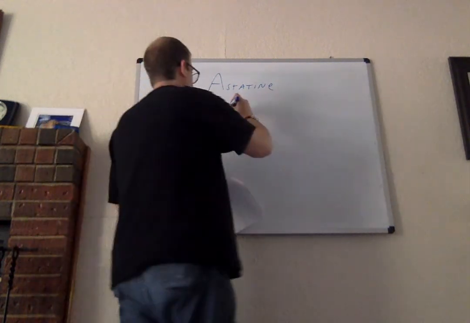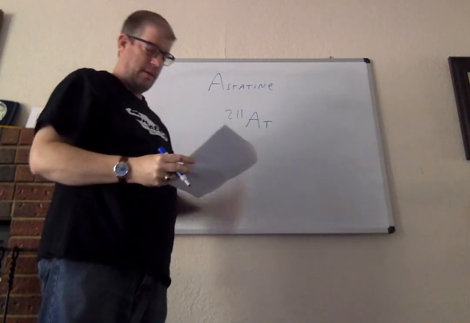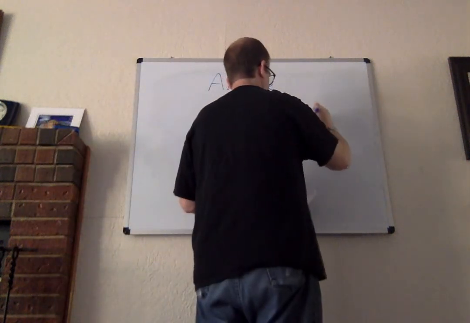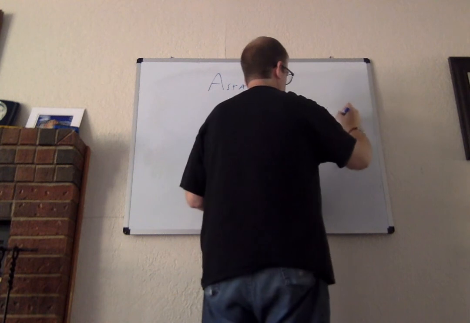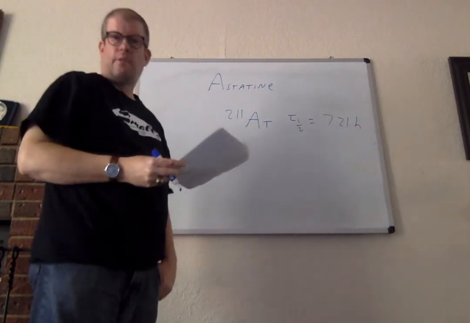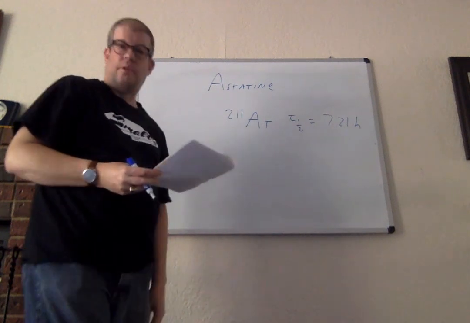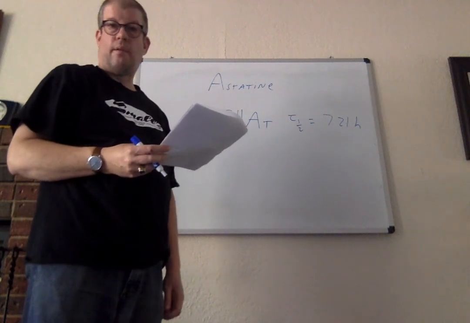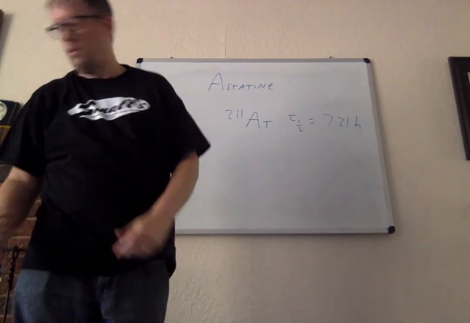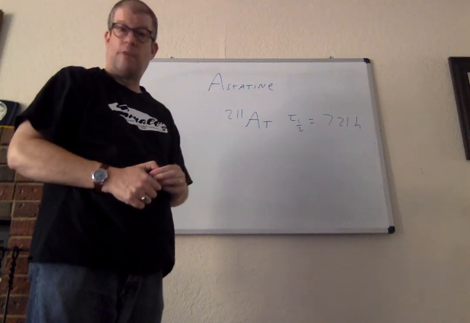The reason for that is the most stable isotope is astatine-211, but its half-life is only 7.21 hours. So there's not much of that around. It is known that this has oxidation states of -1 and +5, but not much is known about it because it decays so quickly. So with that, we will wrap up this lecture, and that's all we have for the halogens.